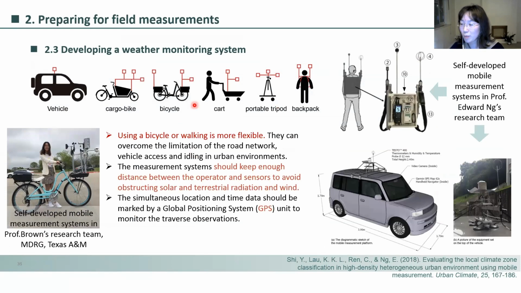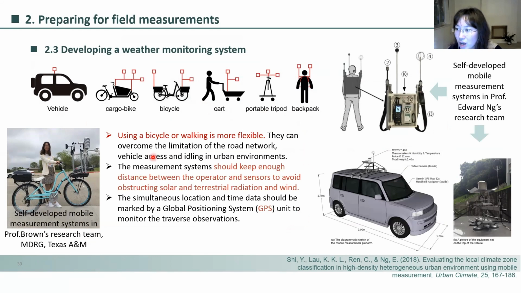And for the mobile measurement, there are various kinds of monitoring systems, as you can see in the illustration here. This is a self-developed mobile measurement system in Bob's team, and these are two photos of the backpack and the vehicle monitoring system in my current research team. And here are some points I want to tell you.